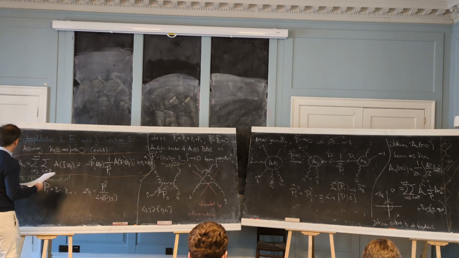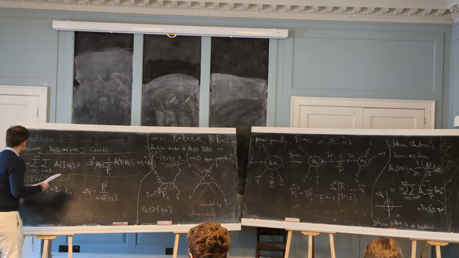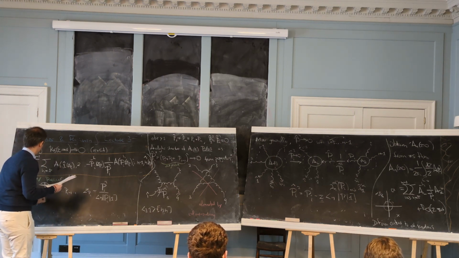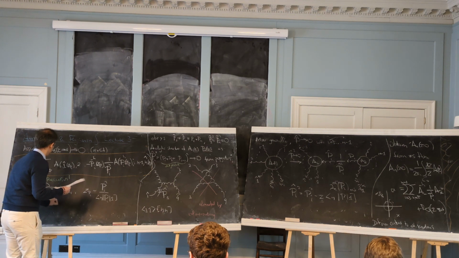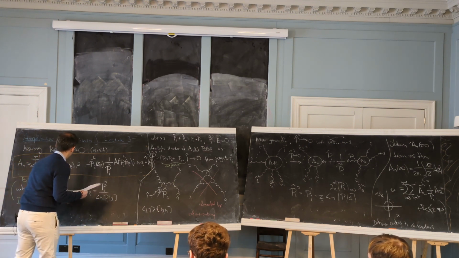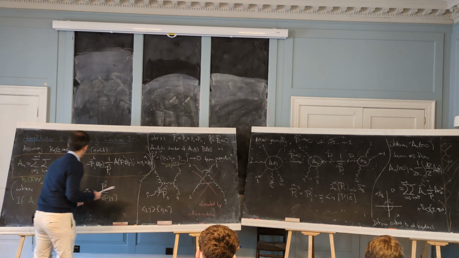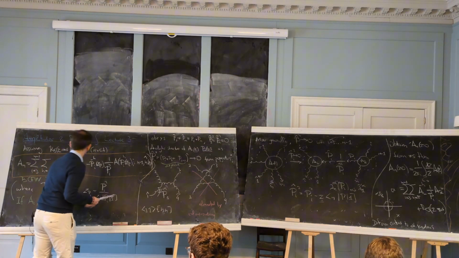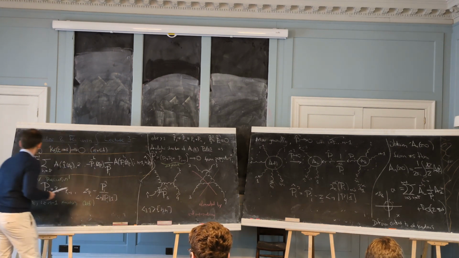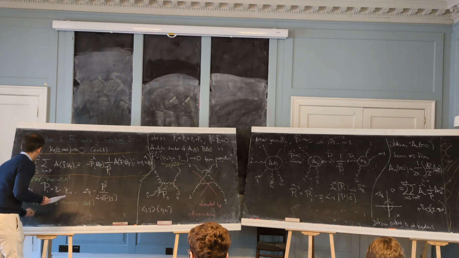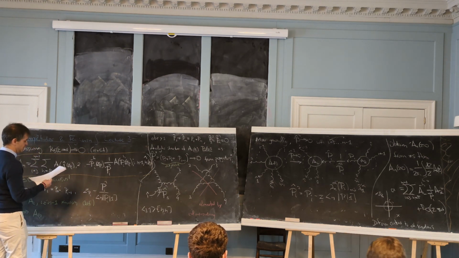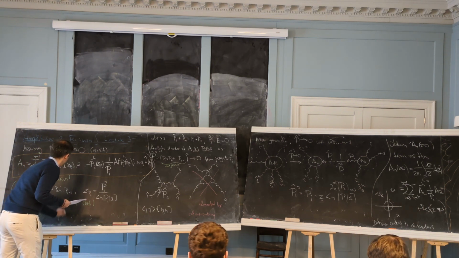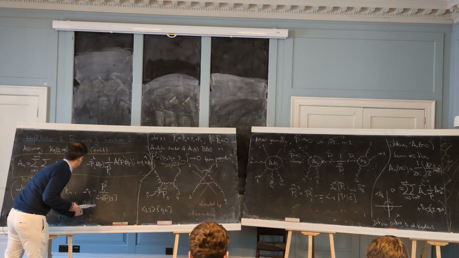Because if you know A_I where I is up to n minus 1 is known, and this would be, let's say, the right-hand side, then also A_n is known, is determined, computed. And this would be the left-hand side.